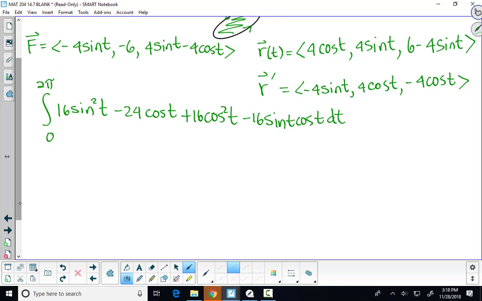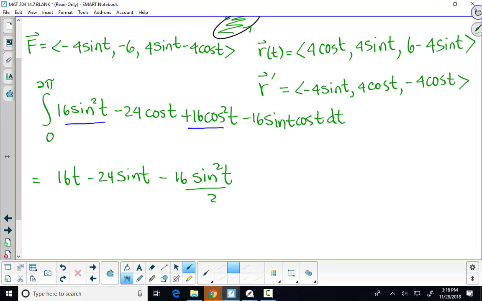There's a 16. Those guys turn into a 16, and when we integrate, we're going to get 16t. Integrate that one, and we get negative 24 sine of t. Integrate this one, and we get negative 16 sine squared of t over 2. Hopefully you agree.